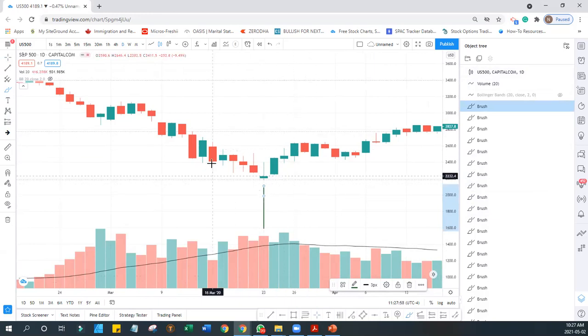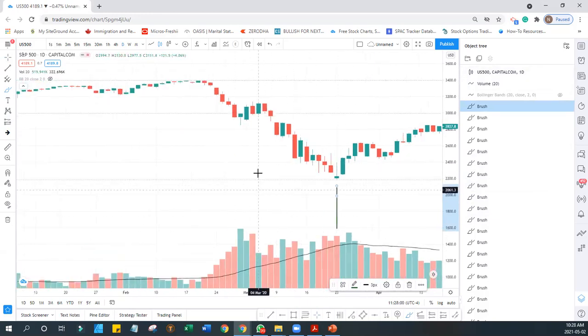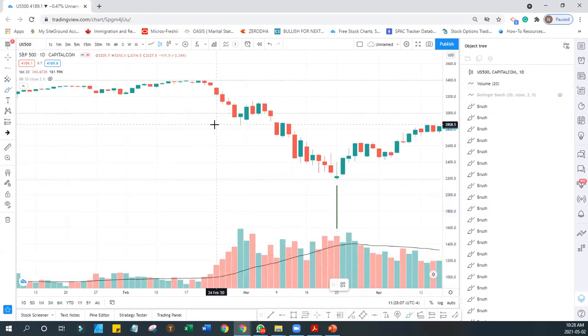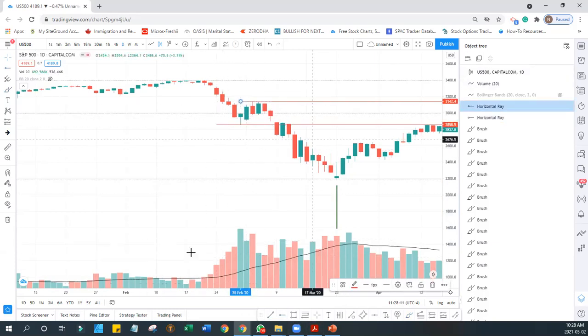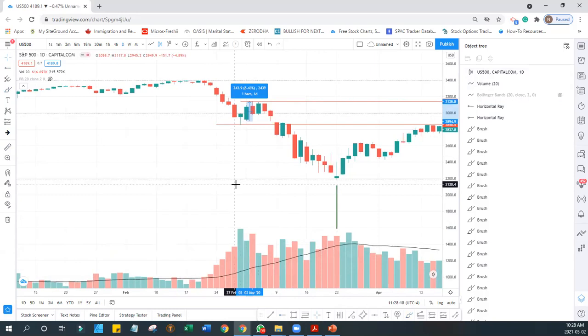Now, this is the longer time frame, but if you see this part, this is a hammer, for example. Our hammer is here, and this is the point. If you see how much it went up from bottom to top, it went up like 8%, or 243 points. And then it falls.